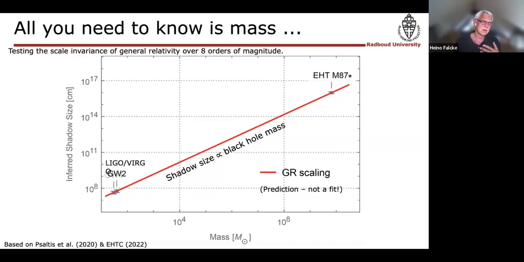Then there are stellar mass black holes. I'm not going to go into details here. You can use gravitational waves to make an indirect shadow measurement. It's not a direct measurement, it's indirect, but they also really confirm black hole general relativity at a scale of tens of solar masses. And so these two measurements really pin down the whole line, and then galactic center comes in.